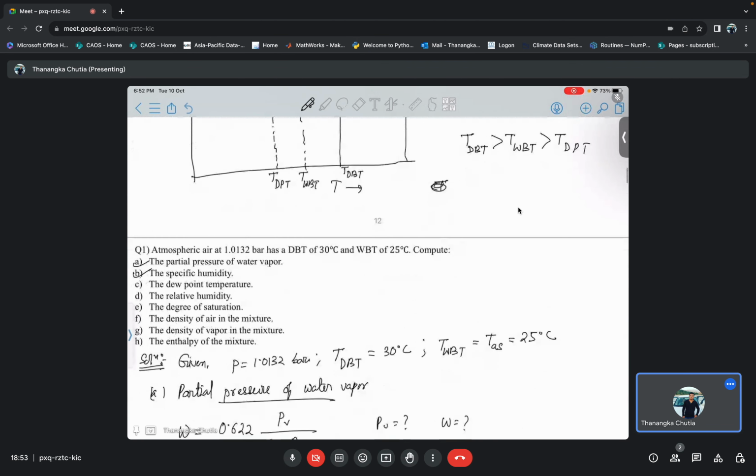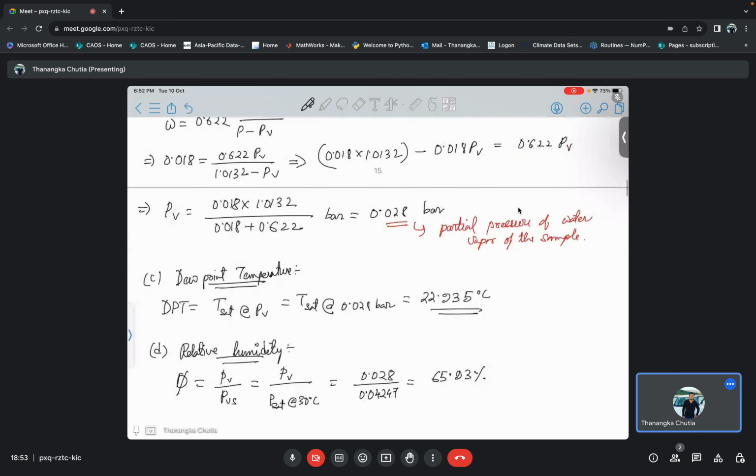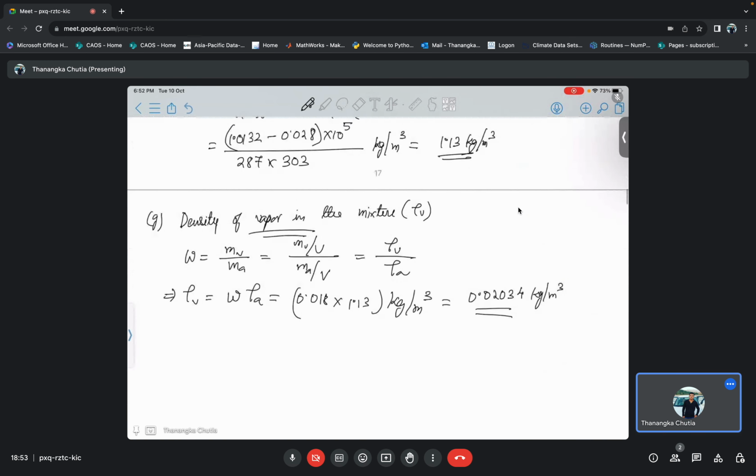The next is enthalpy of the mixture. Okay, so that is H. We already derived the formula for this, that H is equal to HA plus W into HW.